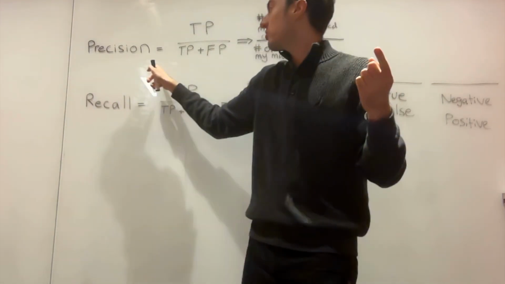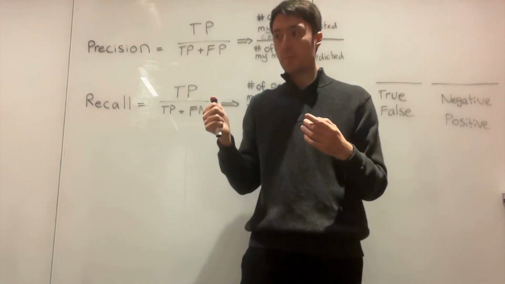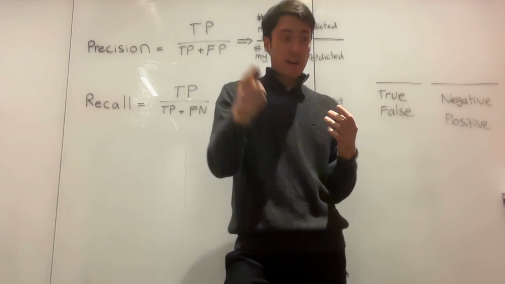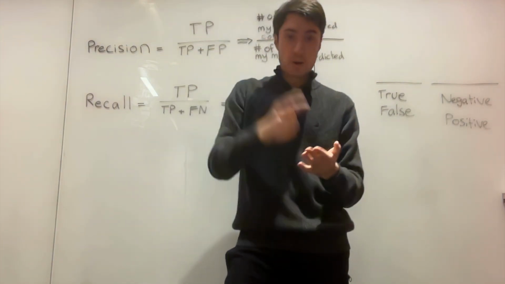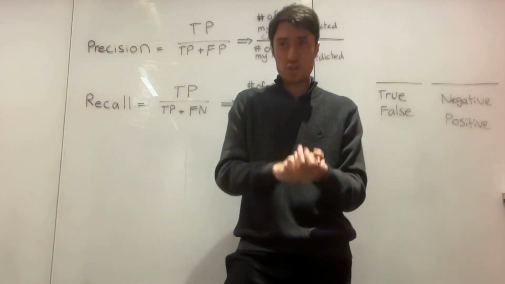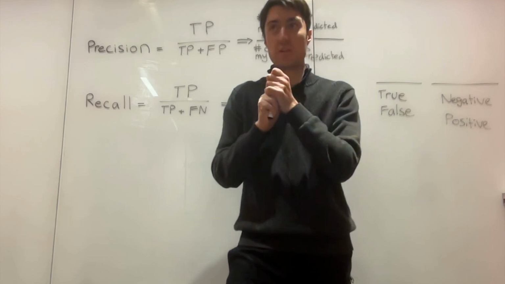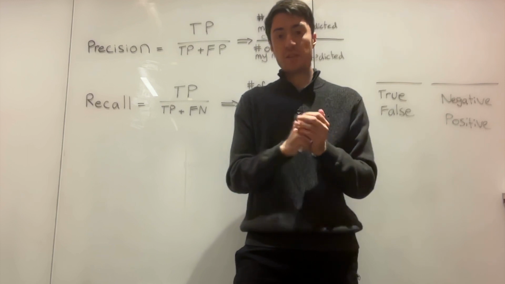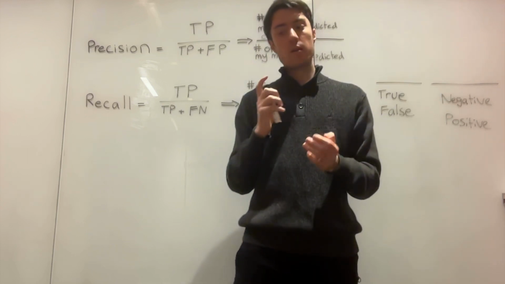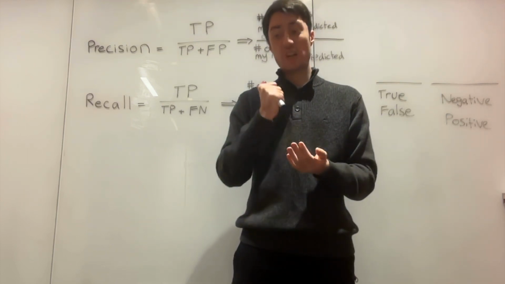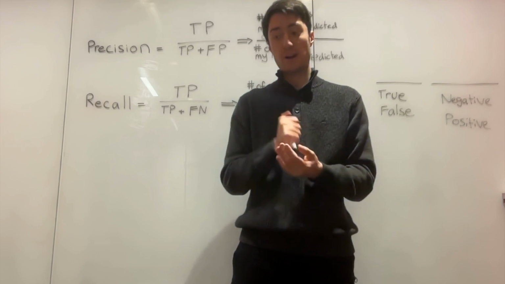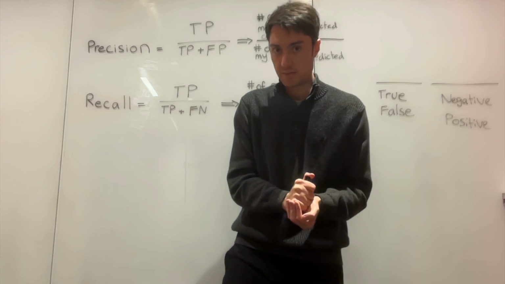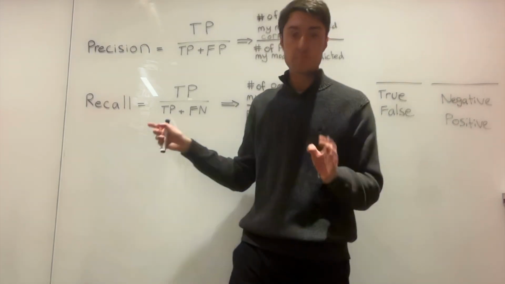It's going to be about, okay, well, if my model says that something is positive, I'm pretty sure that this is actually positive. Recall, on the other hand, is if you say, man, I want to catch every single one that is positive. I want my model to actually say that they are positive. Well, that's going to be recall, okay?